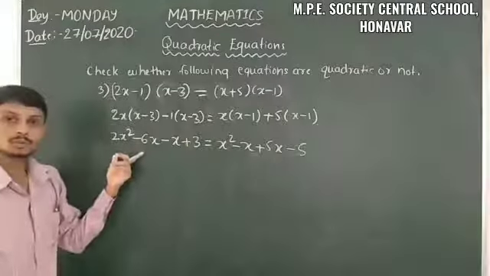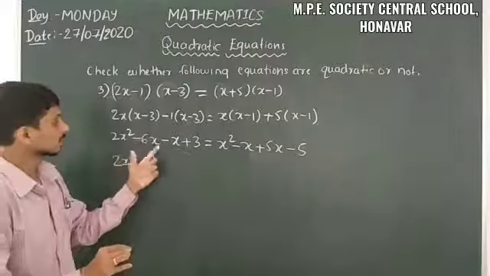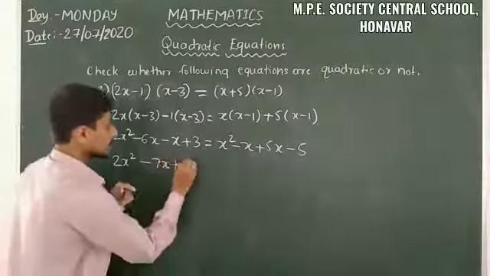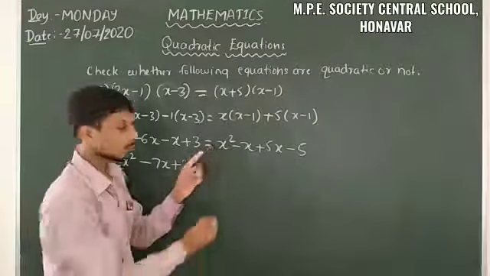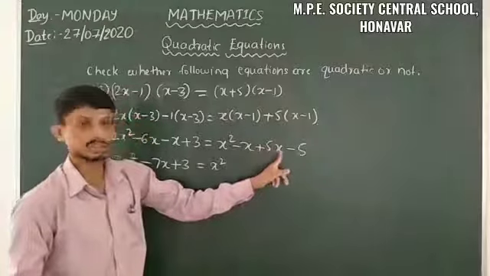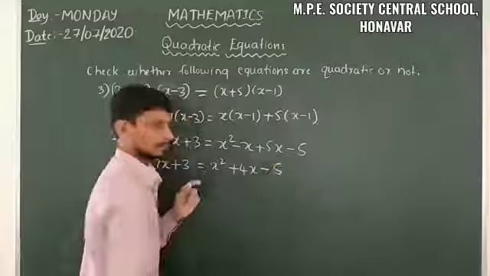Then after that we have to simplify, that is 2x square minus 6x minus x, minus 7x, plus 3, is equal to x square minus x plus 5x, is equal to plus 4x minus 5.